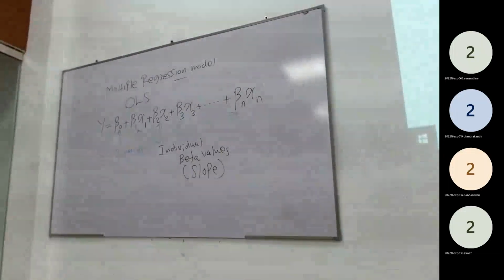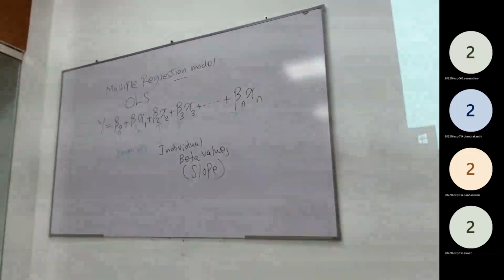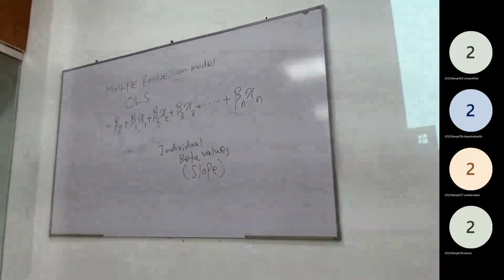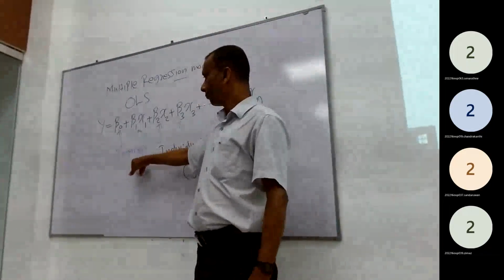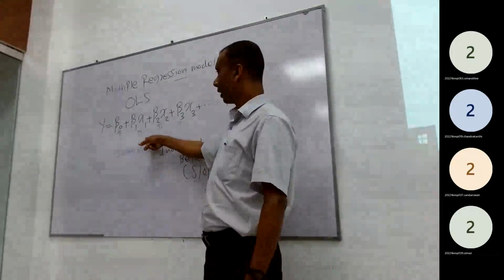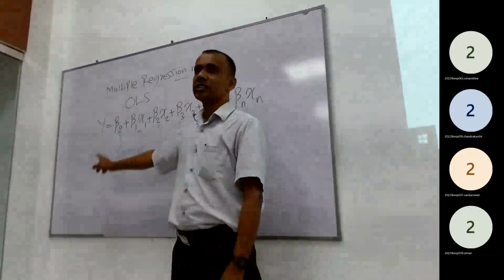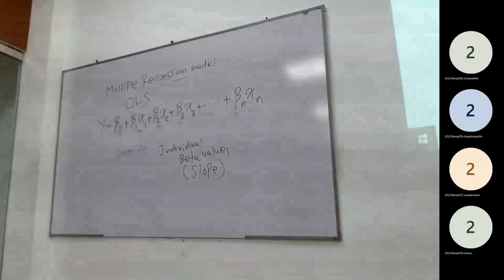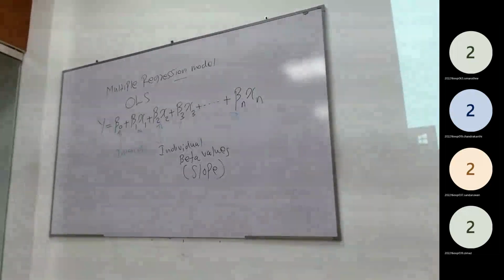Model is given below. Right, y equals beta 0, the intercept, and beta values. This is also a beta value. For each independent variable, there is a coefficient.